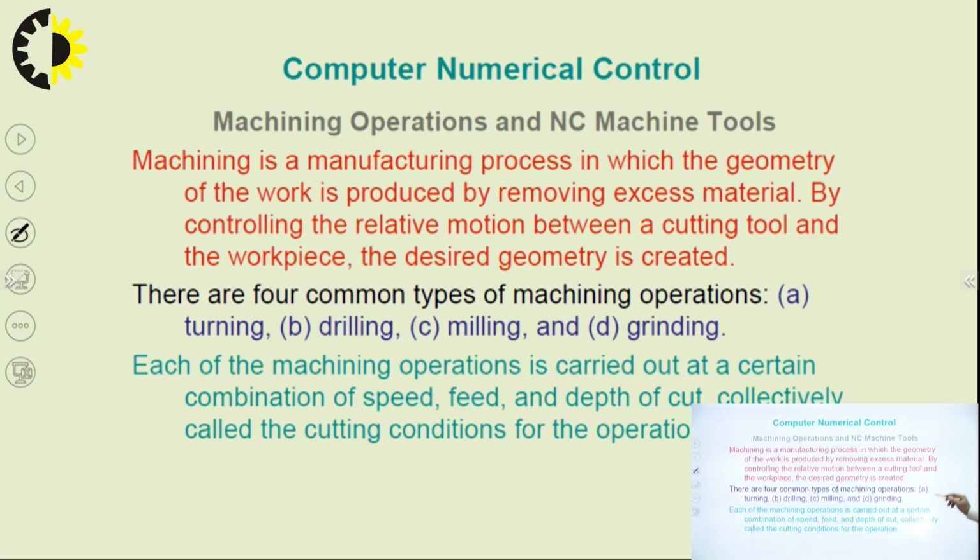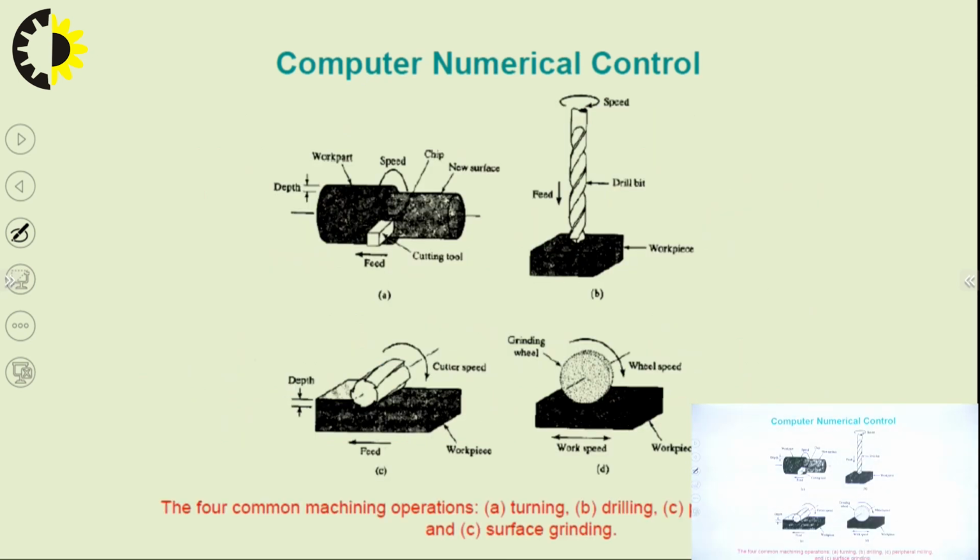We have discussed in our previous slide that all these operations, as in numerical control, we can use in this computer numerical control system also. Talking about various general operations in computer numerical control machining, the first one is turning.